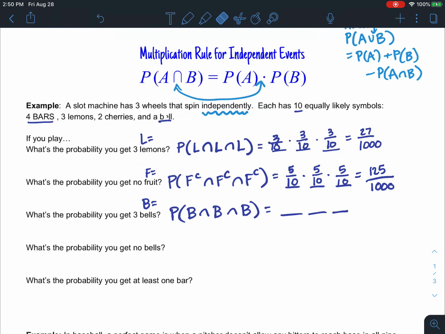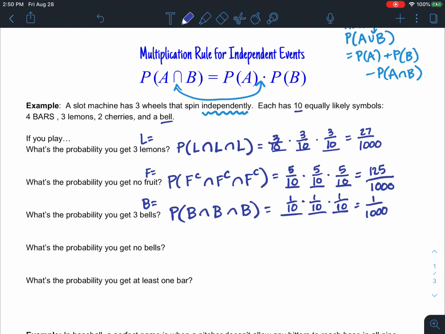Notice that there's only 1 bell out of the 10 possibilities, so that's a 1 in 10 chance on the first wheel, a 1 in 10 chance on the second wheel, and a 1 in 10 chance on the third wheel, giving us only a 1 in 1,000 chance to get 3 bells. I bet that's the jackpot. Very unlikely, about once every 1,000 spins on a slot machine will you get 3 bells.